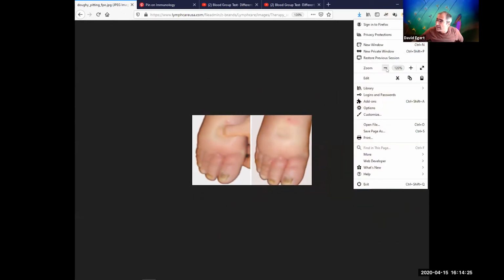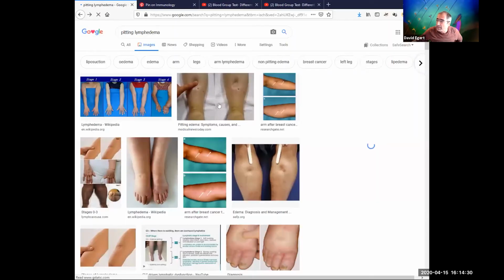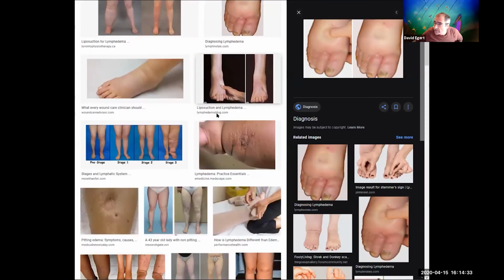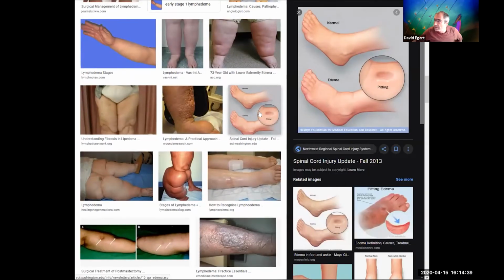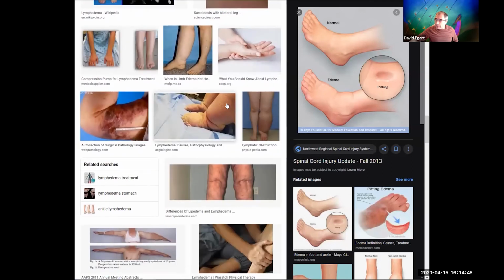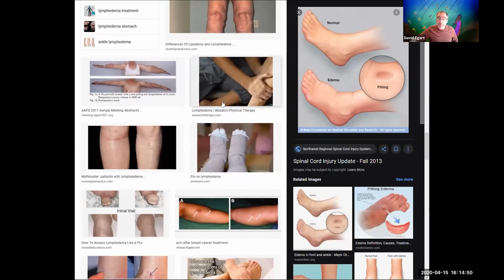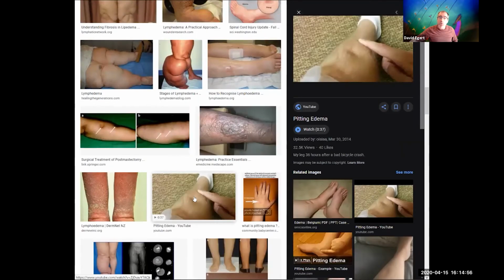That is one of the real defining qualities that you see in edema. Let me see if there are other better pictures of it. Yes, this idea that if you push on it, it will stay down. It definitely works. I've done it on somebody and it's kind of weird. It's like memory foam. You push and it stays down, but then it slowly comes back as the fluid re-equilibrates in the interstitial spaces.